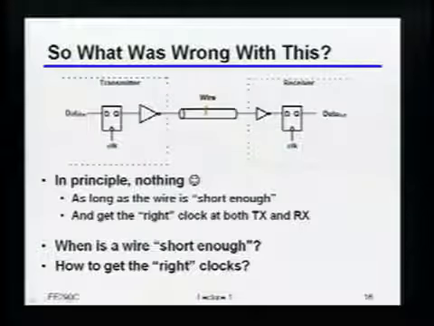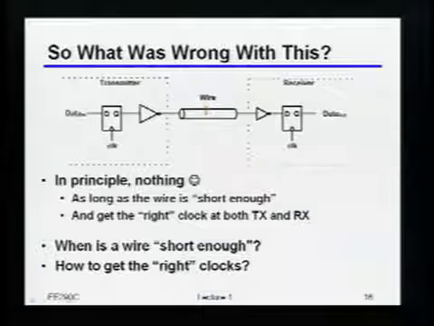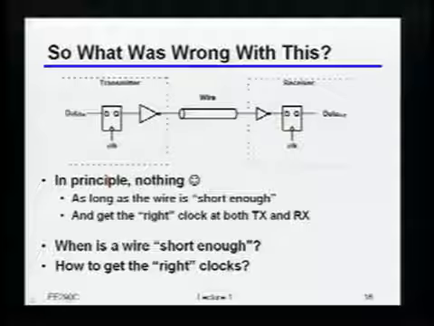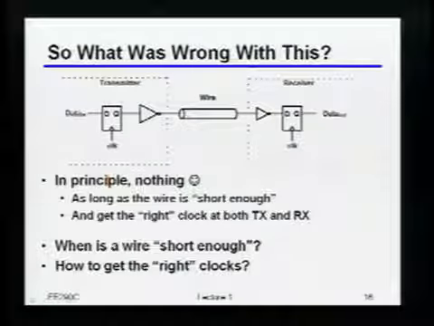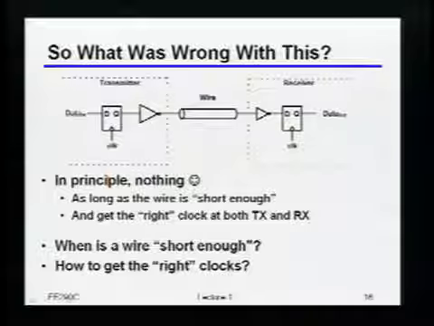The other thing that is really important, and we'll spend a good chunk of the class on, is that this is all fine and dandy as long as you can get the right clock on both sides of the link. What I mean by right, we'll go through in the class, and you'll understand what I really mean by that.